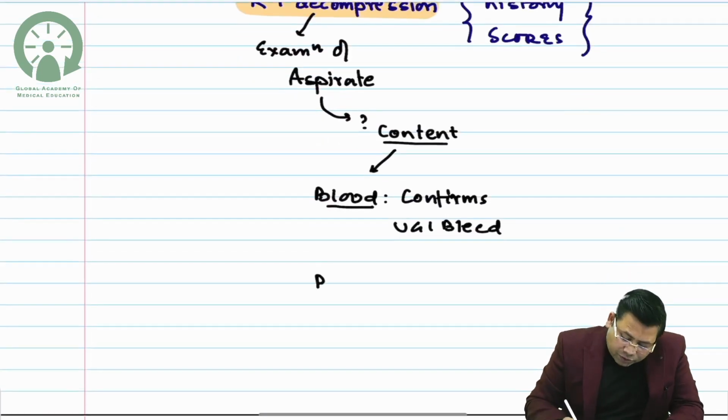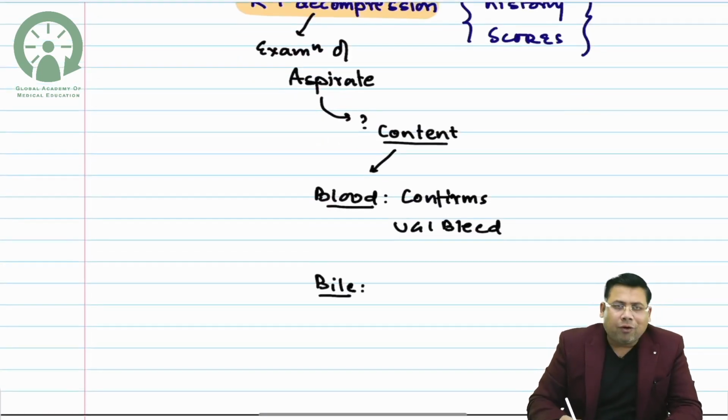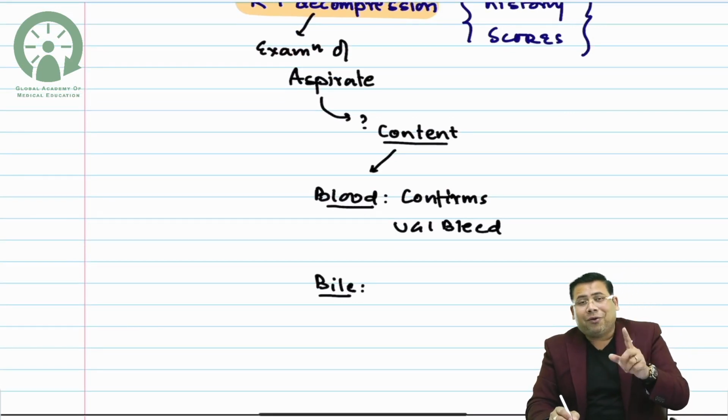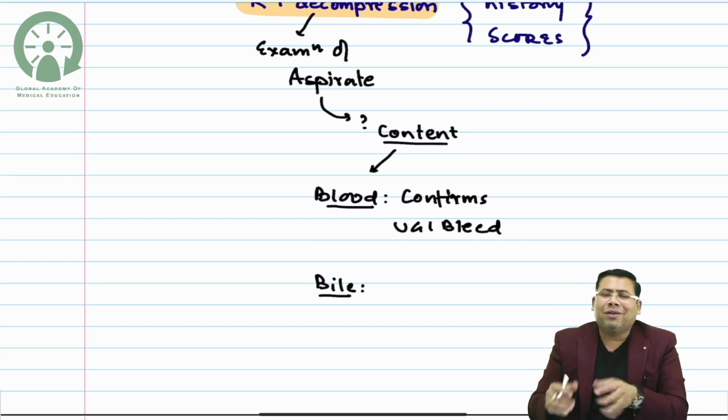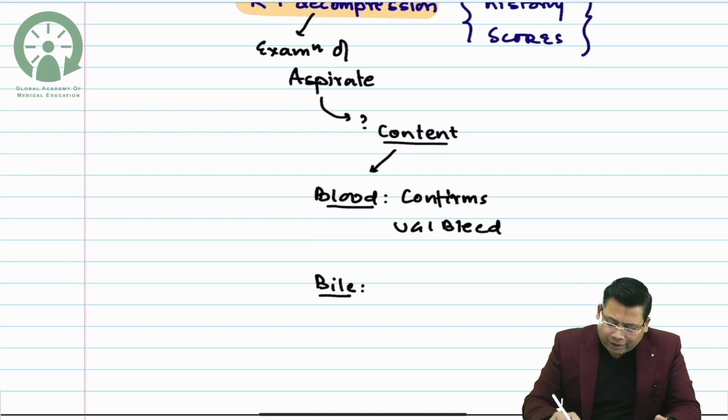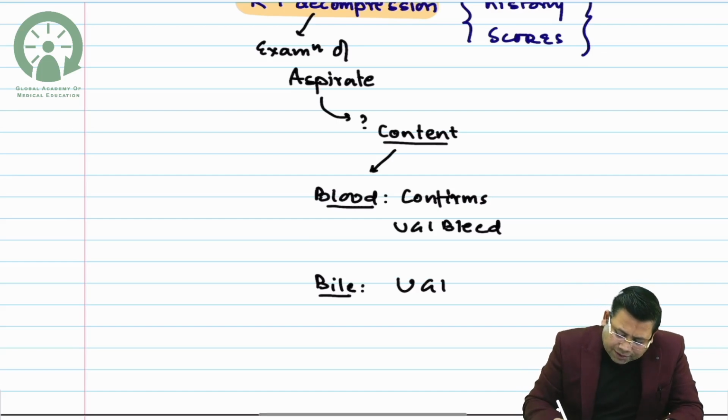If it is bile, you know bile is secreted into the duodenum. At the second part of duodenum you have the ampulla. So if it is bile, that means up to the second part of duodenum everything is clear. So try to understand that upper GI bleed is actually what, students? Ruled out.